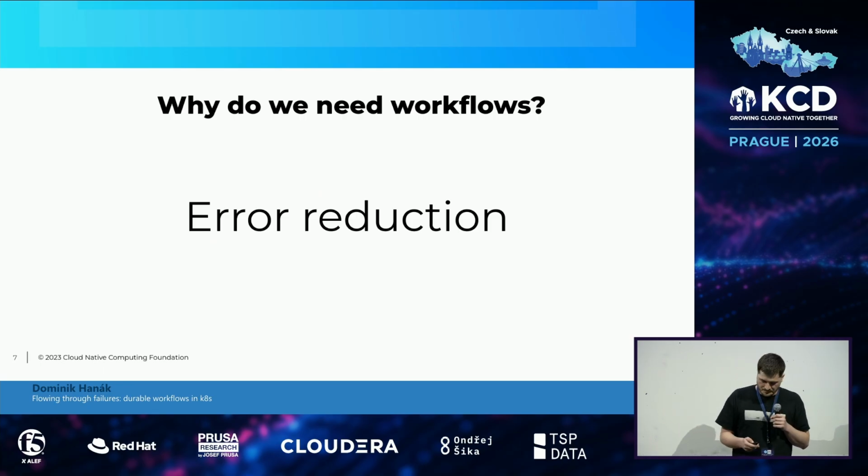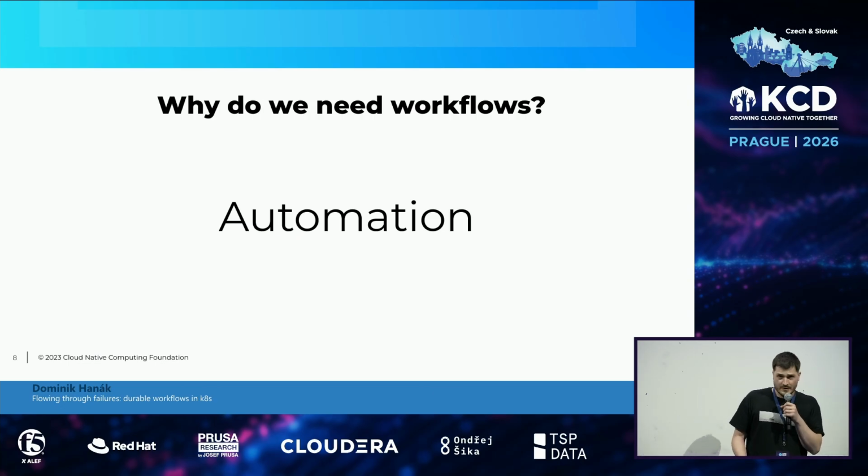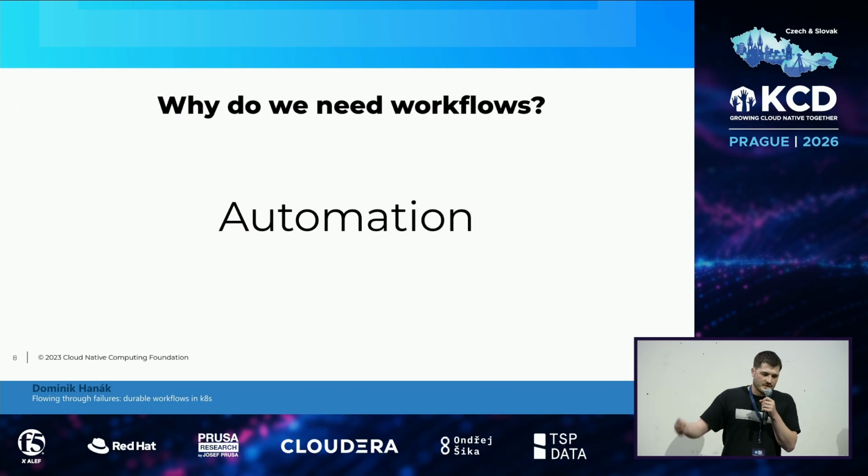And lastly, we have automation. So if you define your workflows, you can generally automate them and run them on demand when needed. And when you run them on demand, you can implement things like monitoring, observability, and you can check what they do, how they do it, identify bottlenecks, and do things in an automated manner.